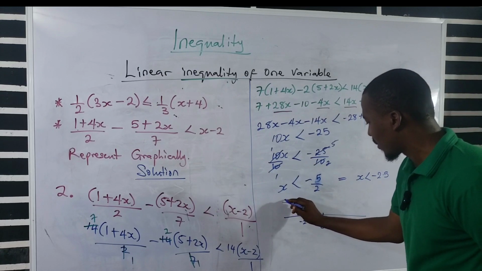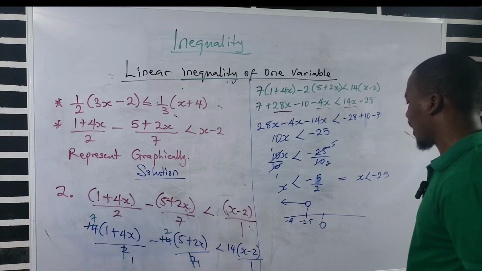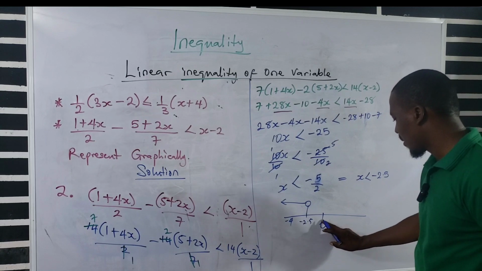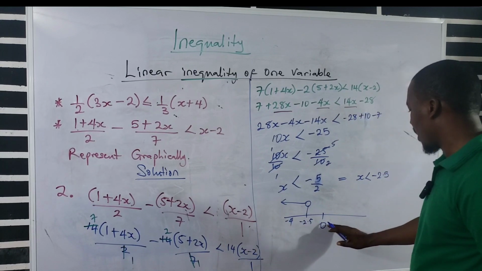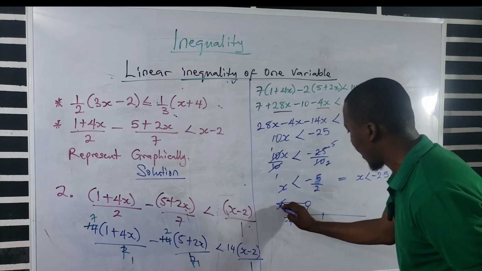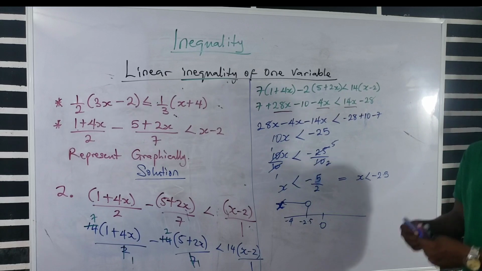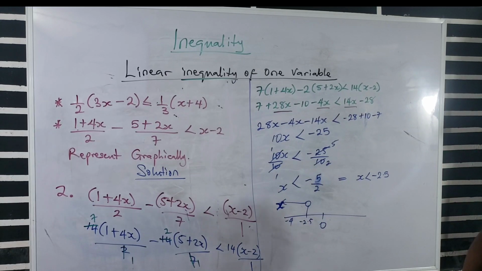Because this part is where we have numbers that are less, from here the numbers start reducing. From here, the numbers start increasing. So I have my arrow, then my x here. So that's how we can solve linear inequality of one variable.